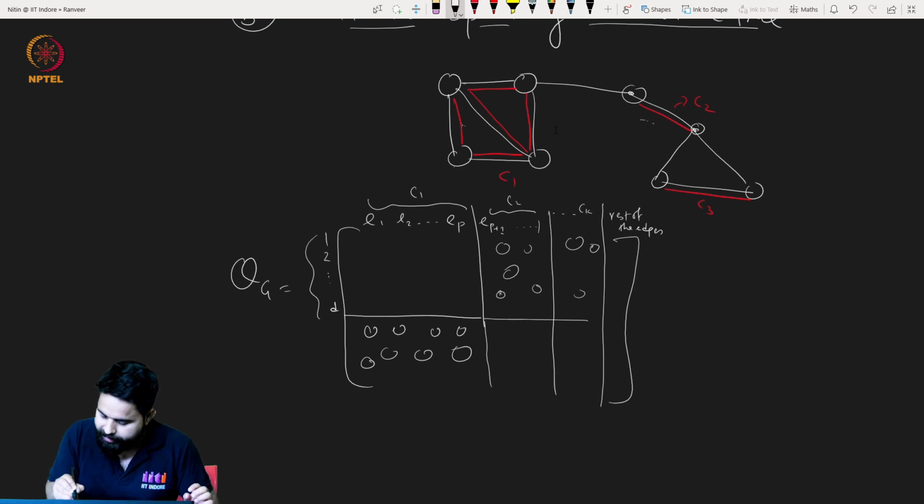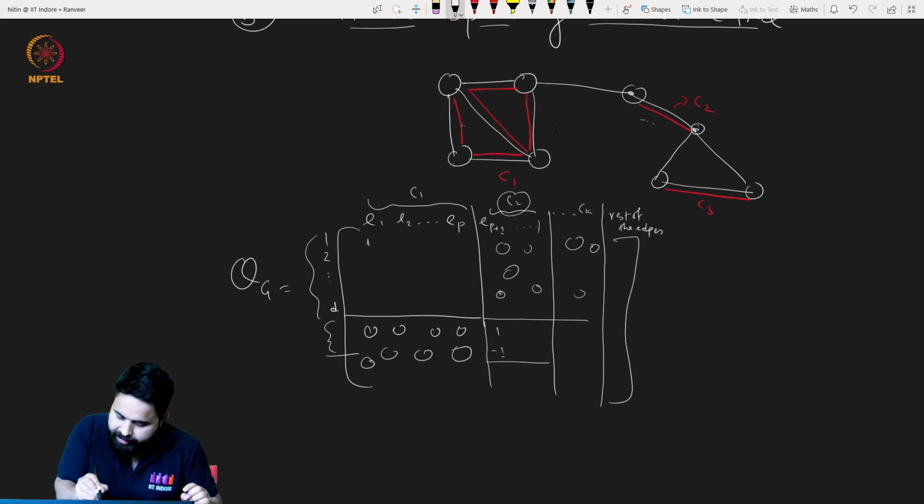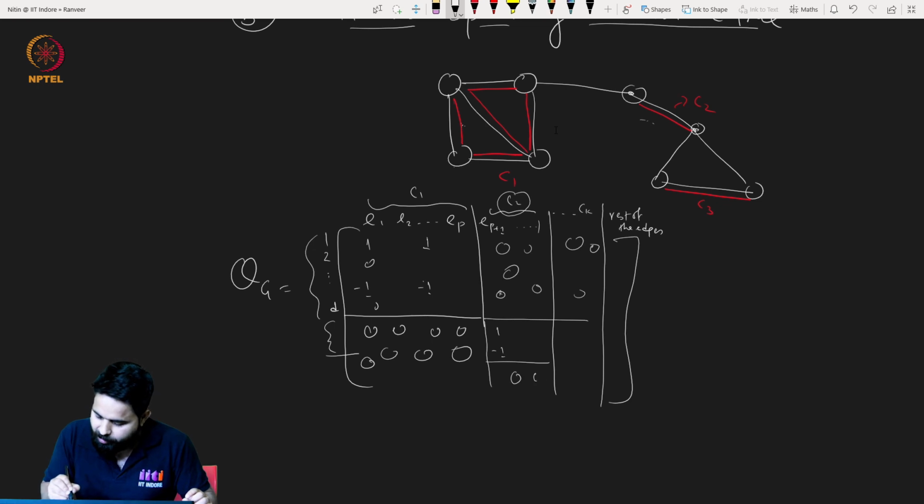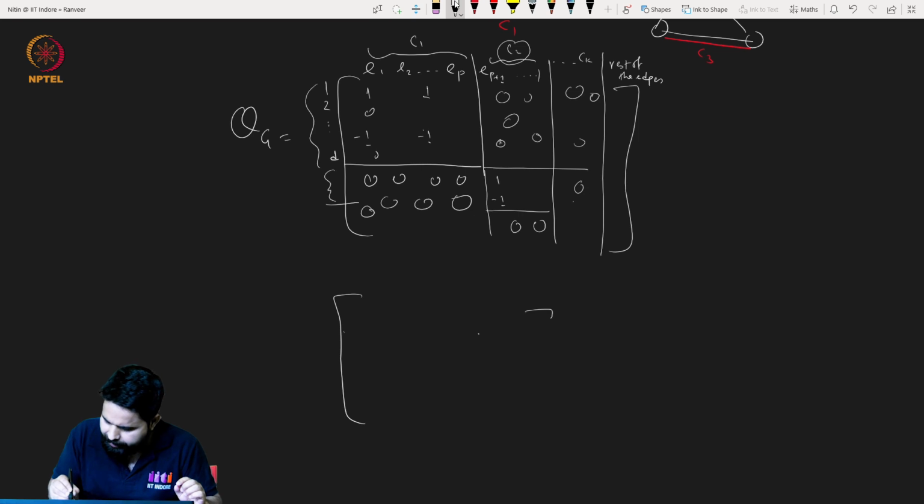Like suppose this one, there will be some vertices corresponding to C2, so there will be a +1 and a -1 here. The rest of the values will be 0. Similarly, here it will be 0. The picture will look like this.